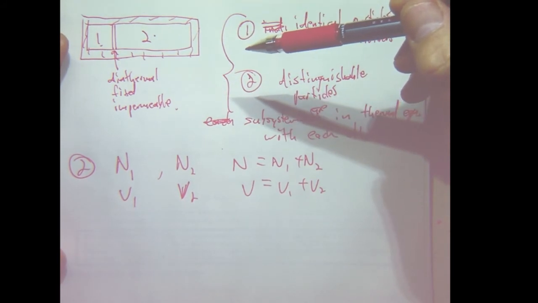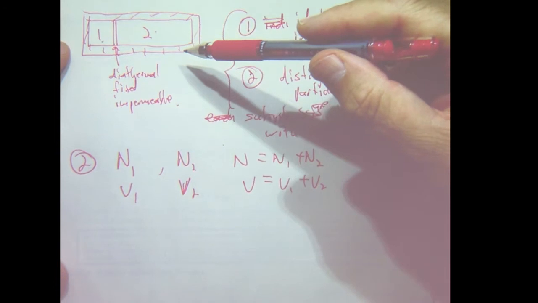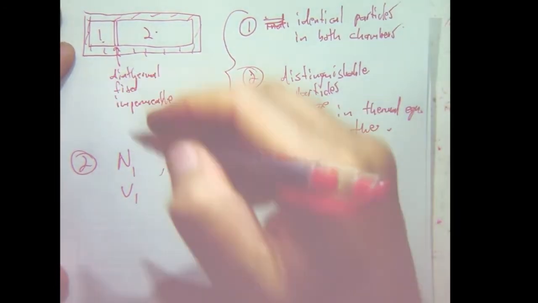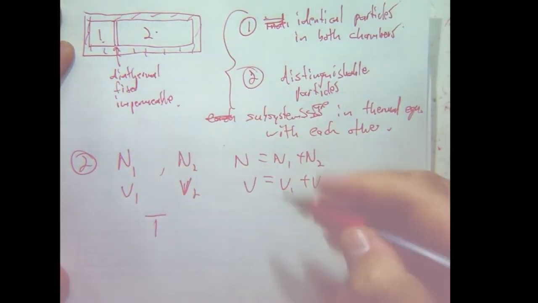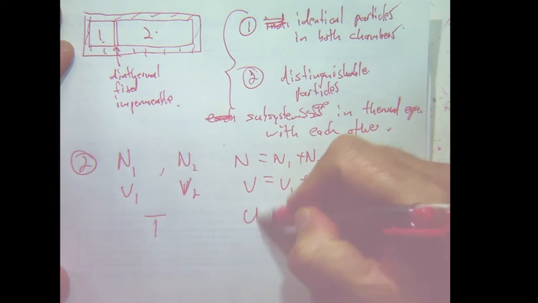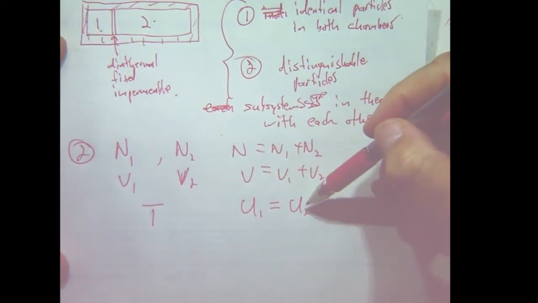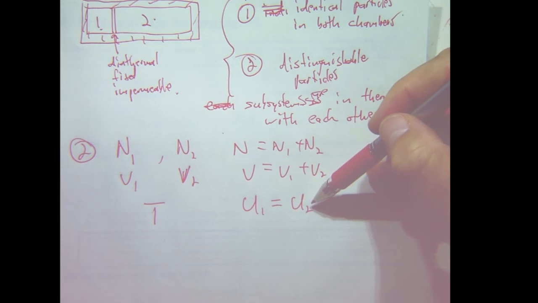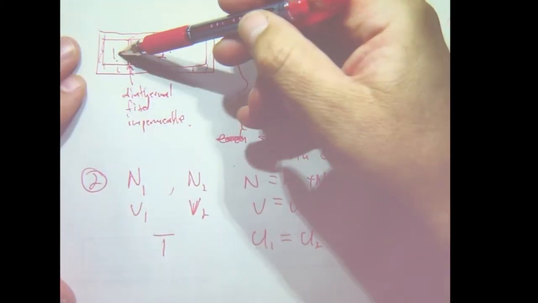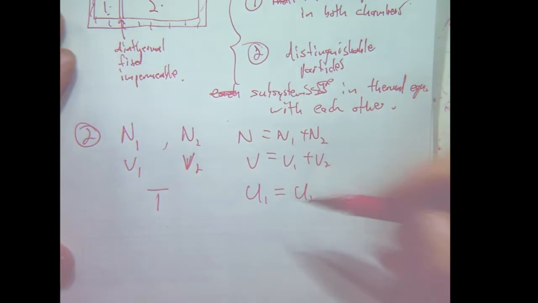And we know the temperature T. Therefore, U1 equals U2 because the internal energy only depends on the temperature for an ideal gas. Oh no, there's a number of moles.